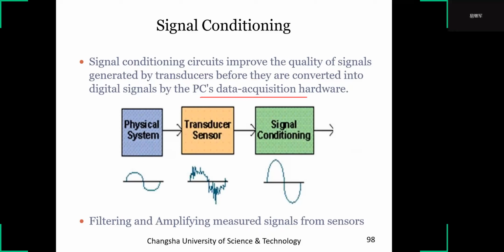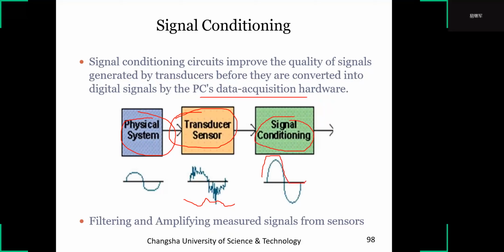The physical system and the phenomenon are sensed by the transducer or sensor. The signal has noise, so after the conditioning, the signal becomes clean.